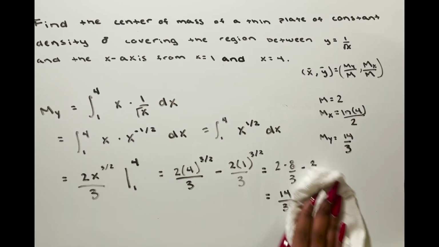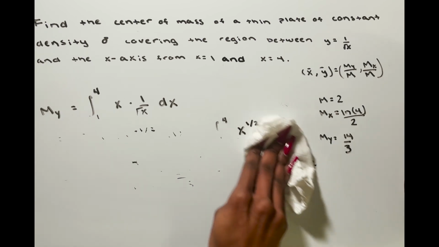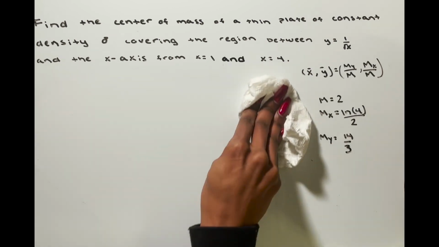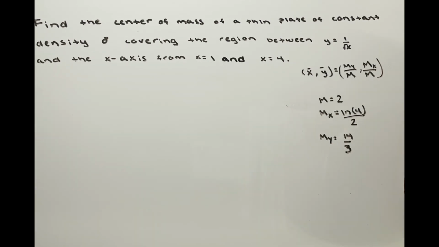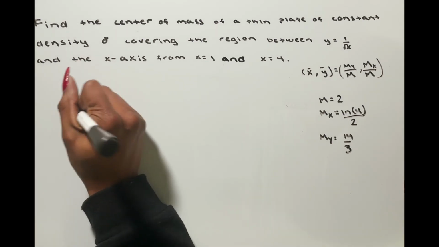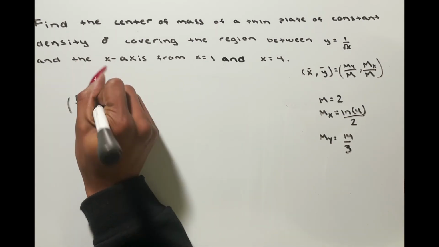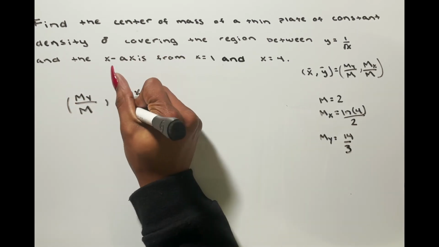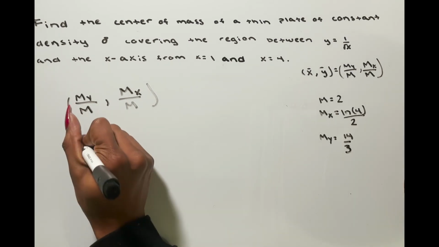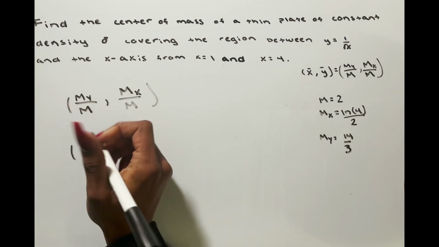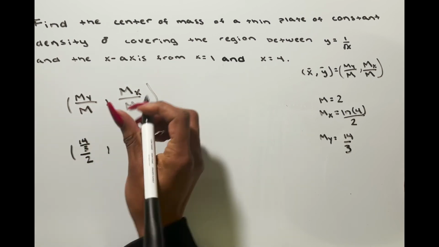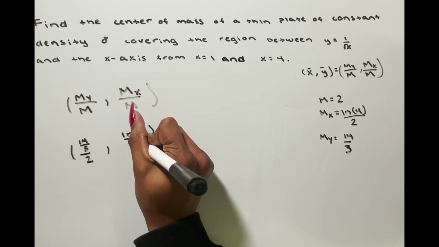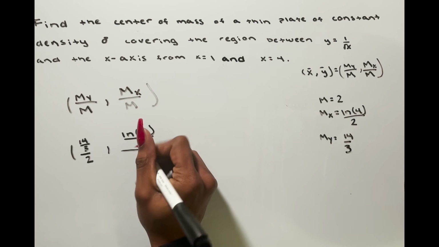All right, now let's see what all this gives us for our final center of mass. Our center of mass is given by m sub y over m and m sub x over m. Plugging in, we get 14 over 3 over 2 and ln of 4 over 2 over 2.